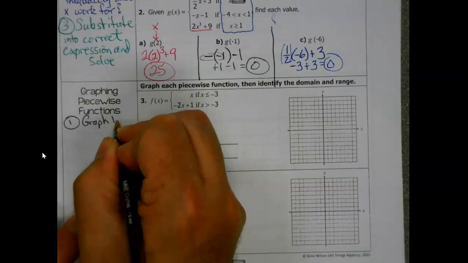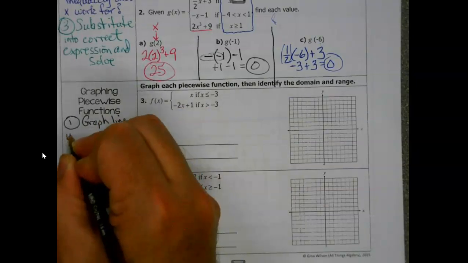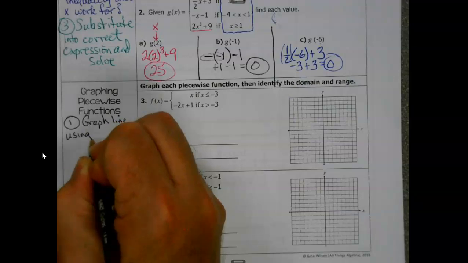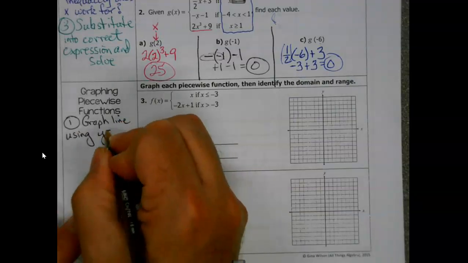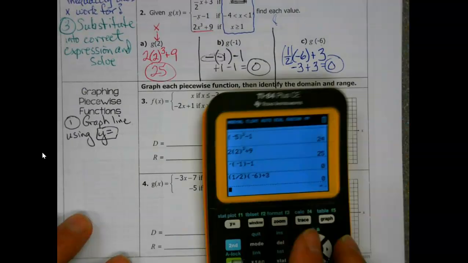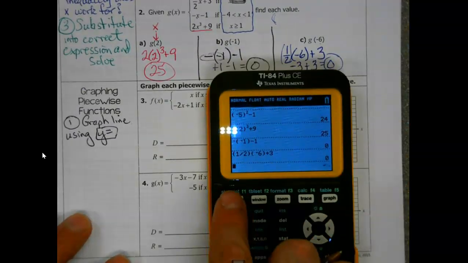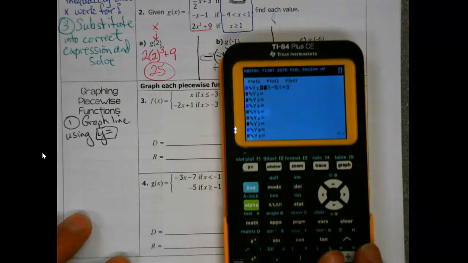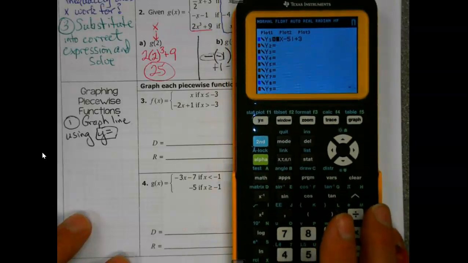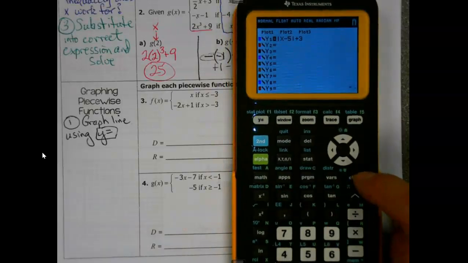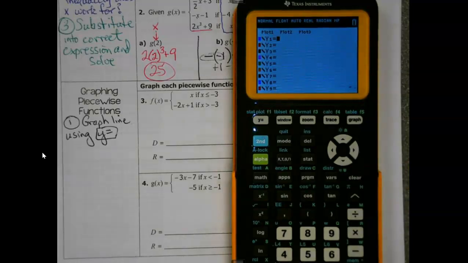So we're going to graph the line using y equals. So here's y equals. We can get that up. If something's in there, I can just hit clear. That'll wipe out whatever's in that spot here.